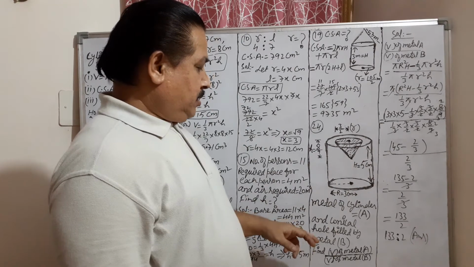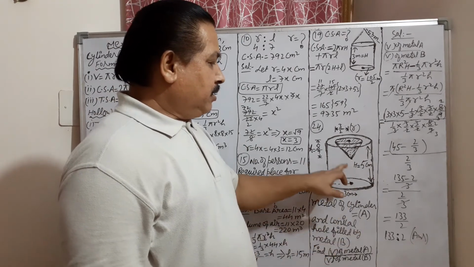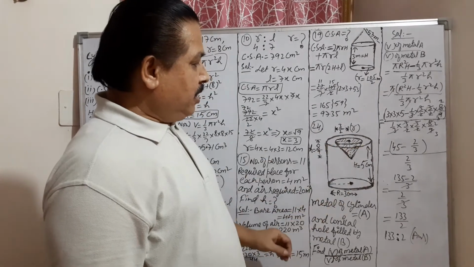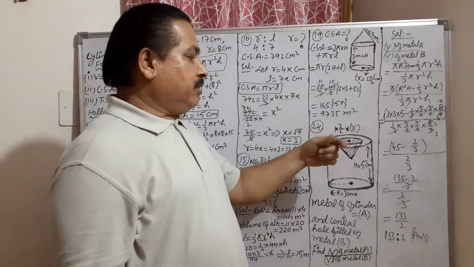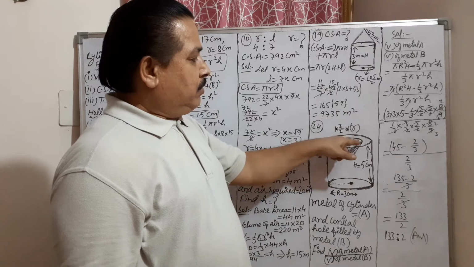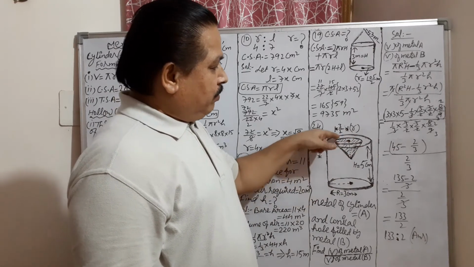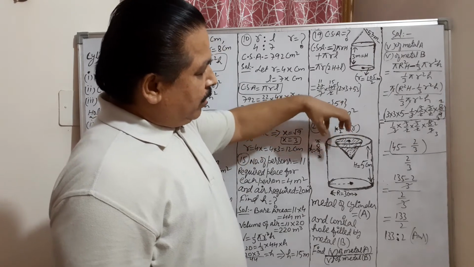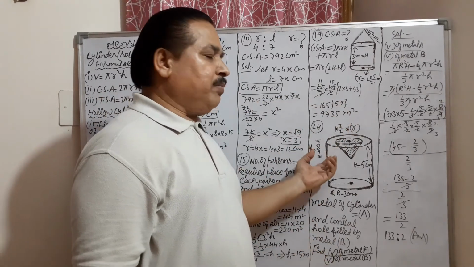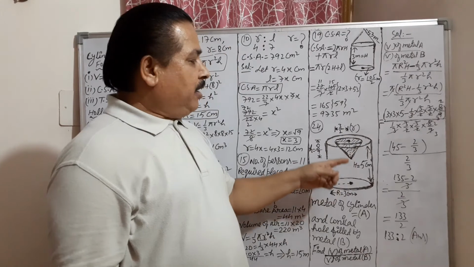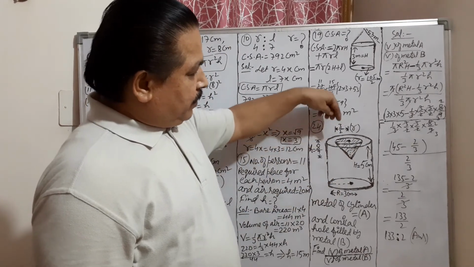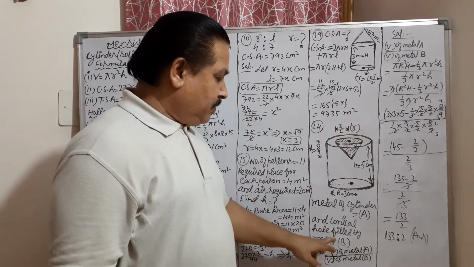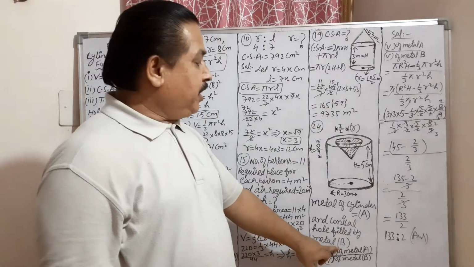The metal of the cylinder is given as A, capital letter A. This cylinder is drilled out from the center, and one conical shape is taken out from this cylinder, and this conical hole is filled by another metal, that is metal B.